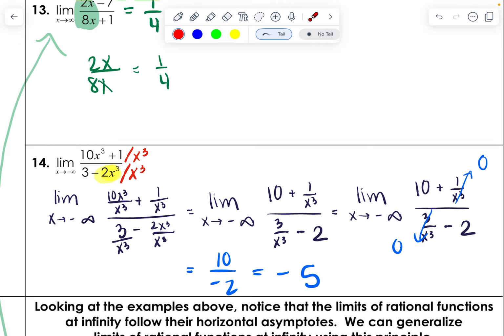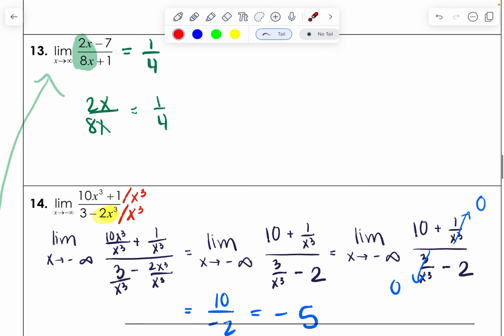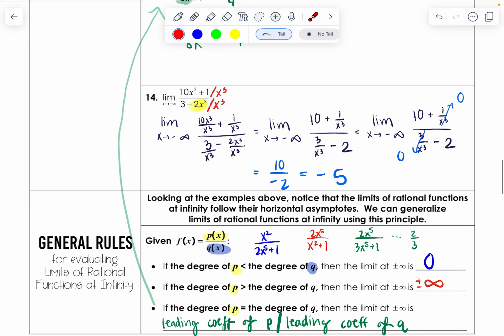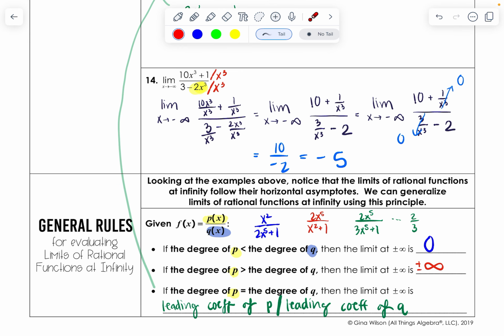Okay. That is actually the same situation as number 13. And you can see I kind of know automatically that the answer is going to be 1/4. And so here are some general rules that you can use to check your answer, but not to show your work.